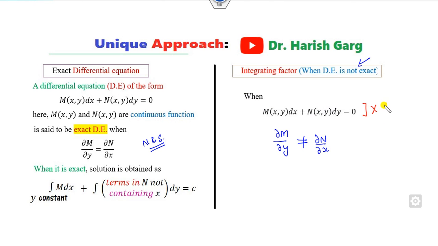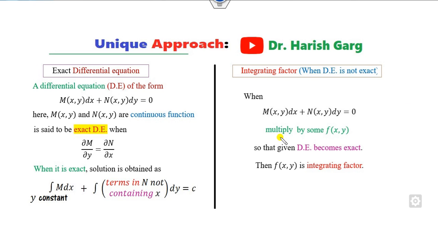I can multiply it by some function, say f of x, y, so that the new equation becomes exact. If this happens, then that function is called the integrating factor. We have to multiply by some function f so that the given differential equation is exact. Then you can say f of x, y is my integrating factor.